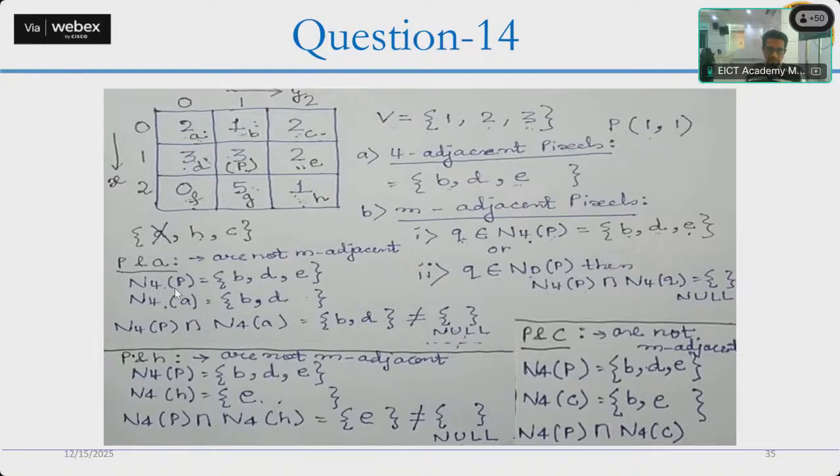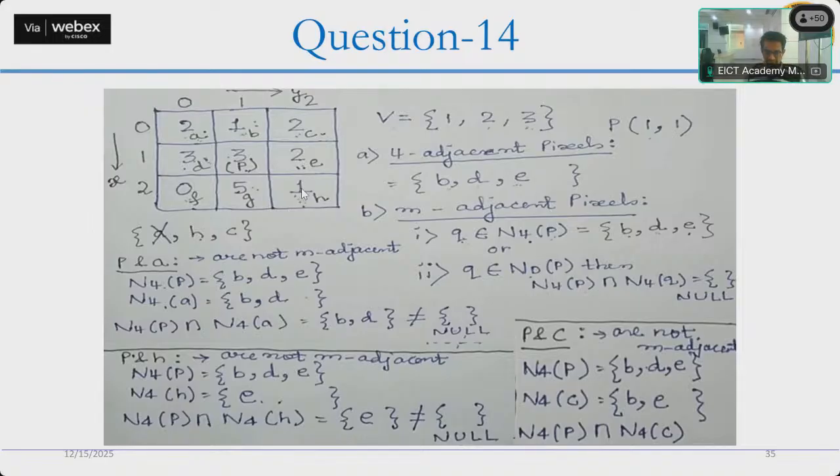When we check it, we calculate N4. N4 of P is this one, N4 of A is this one. When we take the common set of P and A, we should get null. If it is not null, then it is not M-adjacent.